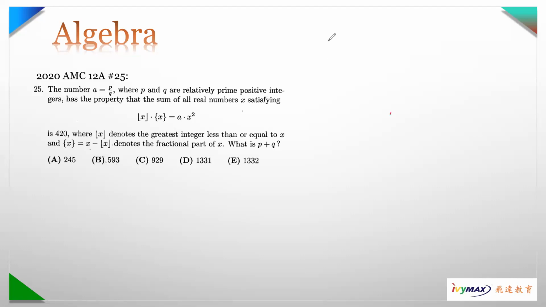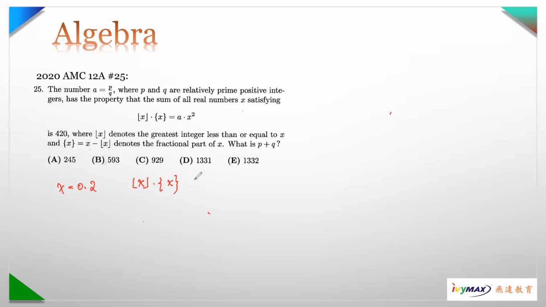Okay, for instance, if x is, let's say, 0.2, okay? So in that case, I take the floor of 0.2 and then multiply the fractional part. Obviously, since it is 0.2, I take the floor, or round down, to 0, right?